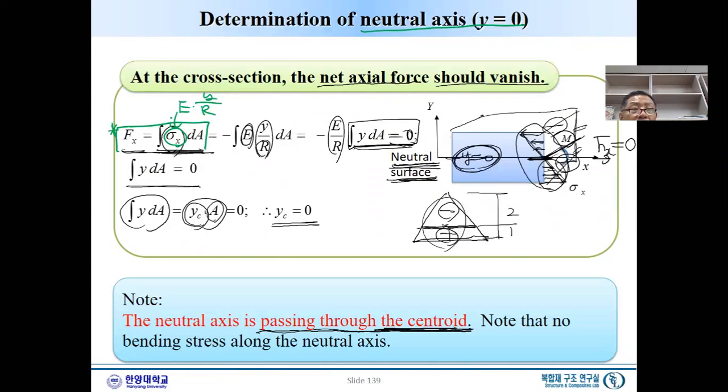The neutral axis should exist so that the total force over the cross section, Fx, should disappear, because we didn't apply any external force in the x direction. So that is another point.